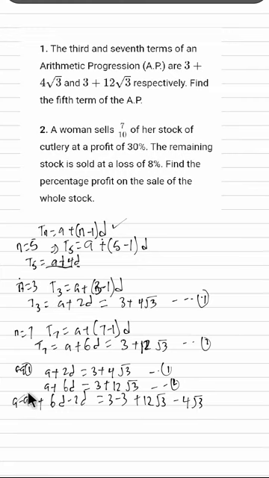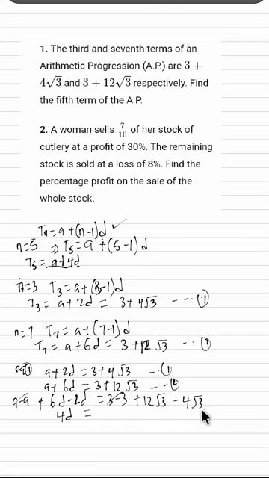Now a minus a gives 0. 6d minus 2d gives us 4d, equal to 3 minus 3, which gives us 0, plus 12 root 3 minus 4 root 3.